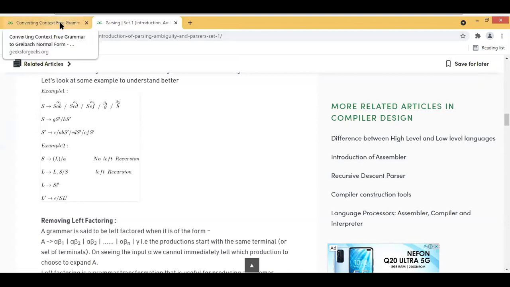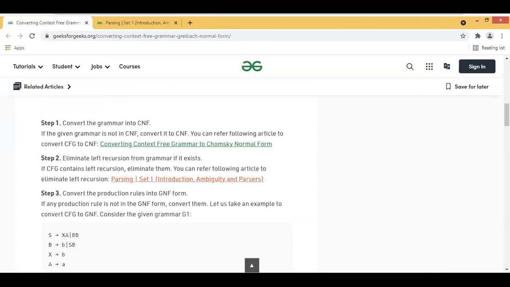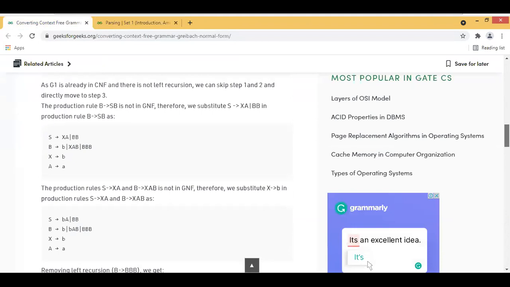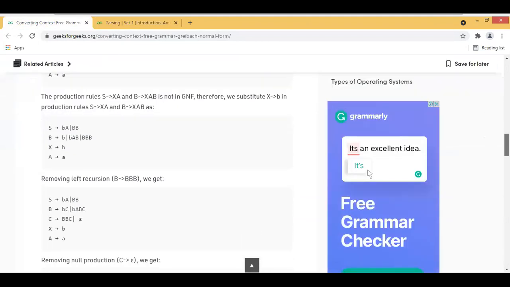And the same thing that we did here, but here complements are not acceptable. That's why we introduce a new variable, C, and with the C we are eliminating the left recursion.